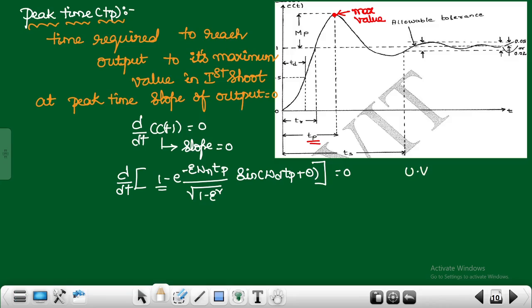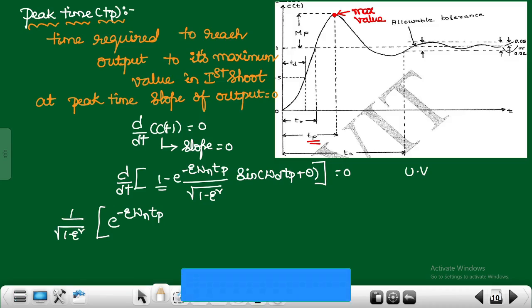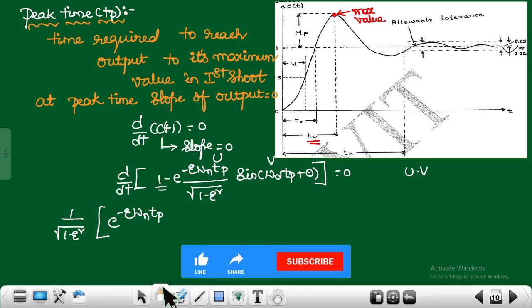So first I am using e to the power of minus zeta omega n Tp, divided by under root of 1 minus zeta square. We take this as u and this as v, then we multiply.